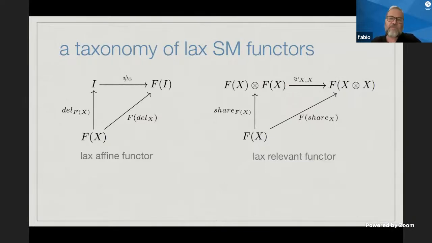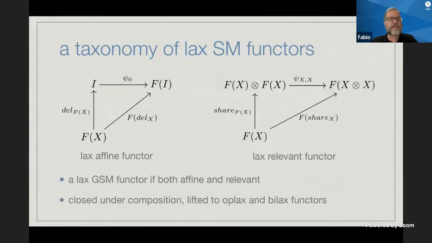Very well. Then at this point, what is a lax gs-monoidal functor? If it is both affine and relevant. So we have the usual functor, but then if we have a gs-monoidal category or Markov or restriction, we can ask for some additional property. Closed under composition, Oplax, bilax, and so on and so forth.